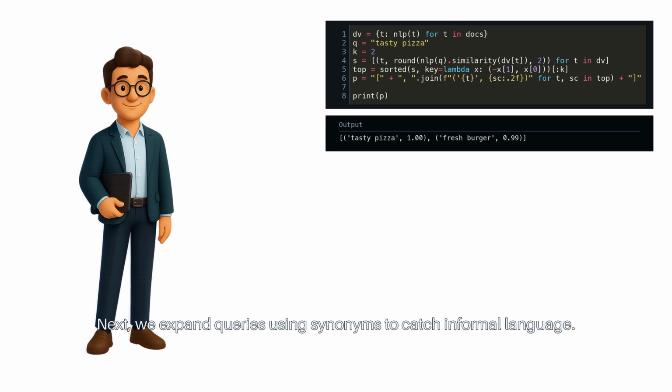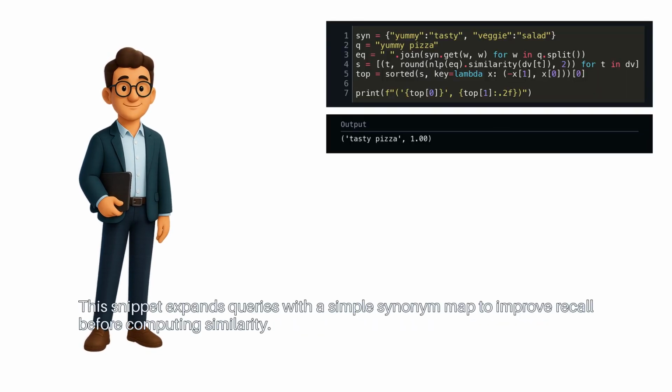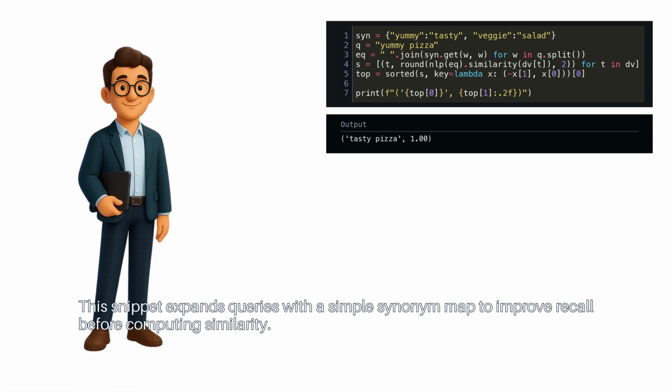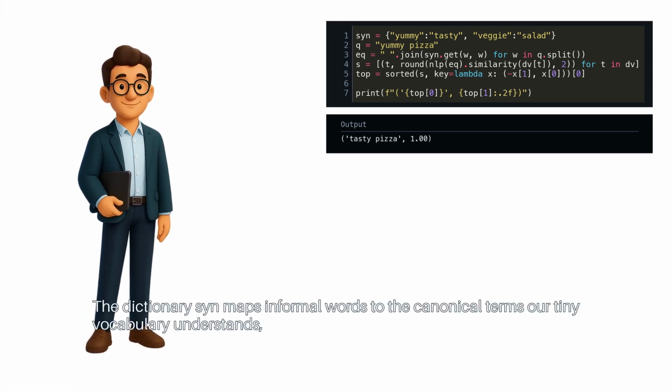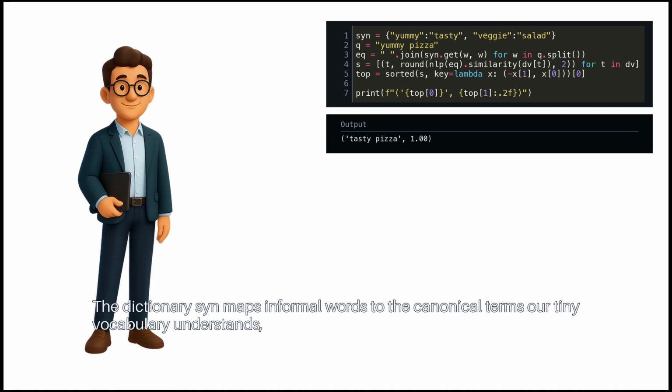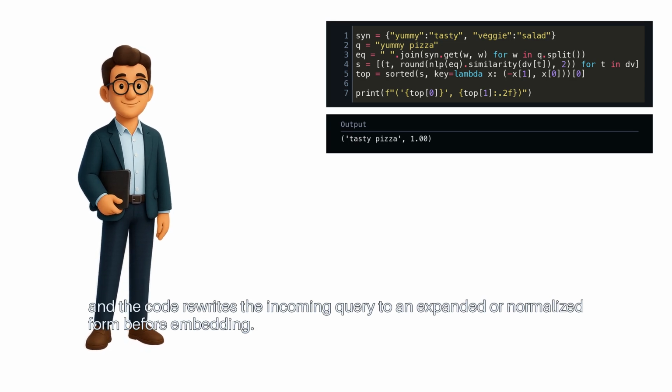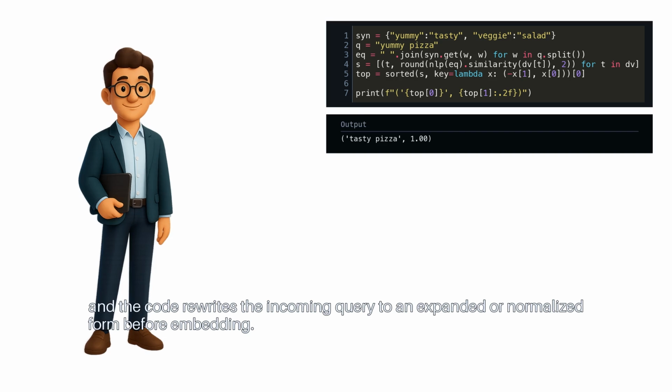Next, we expand queries using synonyms to catch informal language. This snippet expands queries with a simple synonym map to improve recall before computing similarity. The dictionary SIN maps informal words to the canonical terms our tiny vocabulary understands, and the code rewrites the incoming query to an expanded or normalized form before embedding.